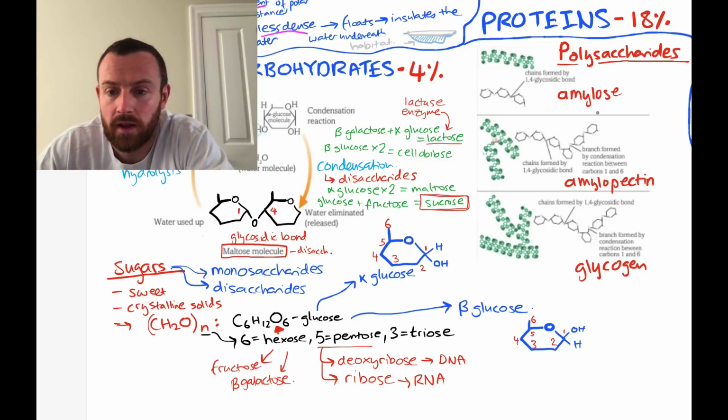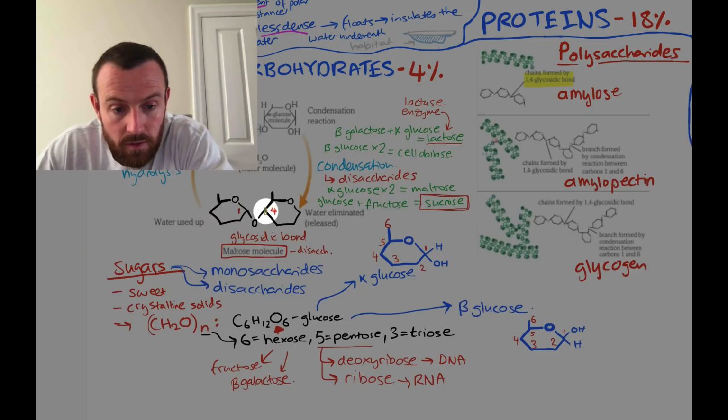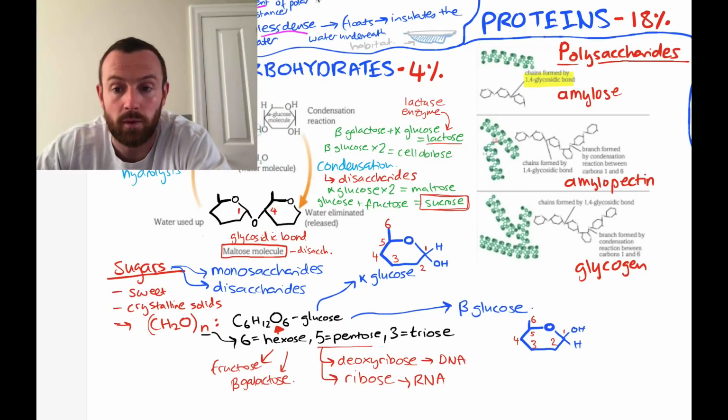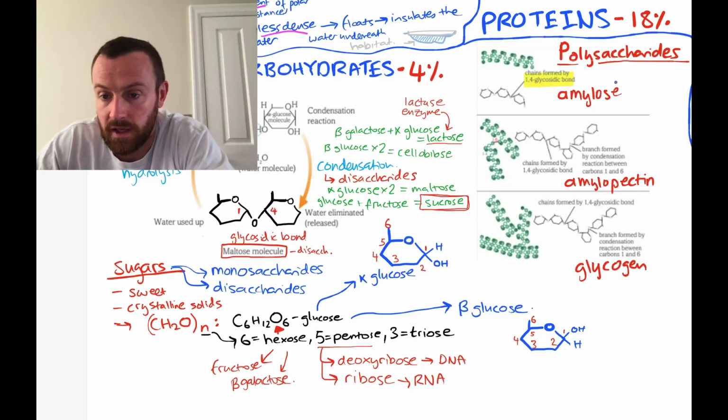Okay, so amylose, as you can hopefully see here, has got only alpha 1,4 glycosidic bonds. Okay, so 1,4 glycosidic bonds between carbon 1 and carbon 4. So just like we've shown here, this 1,4 is the type of bond that is present. Now, what else do we need to know? Well, for amylose, we need to know that this is a component of starch.